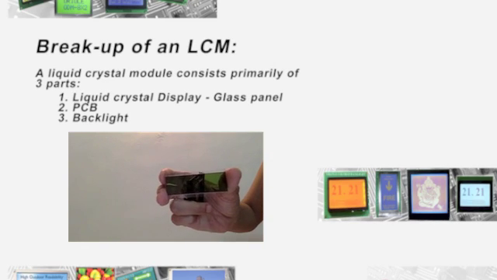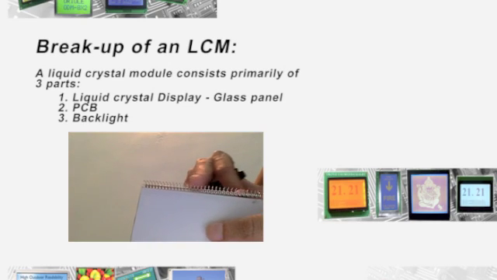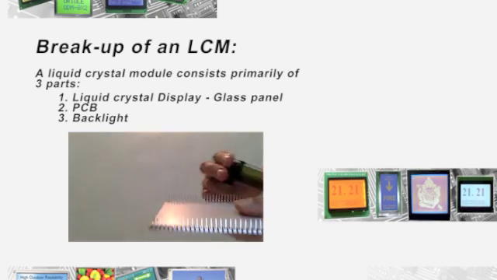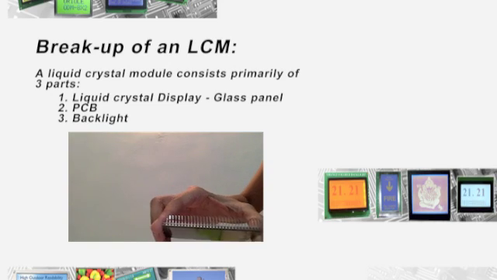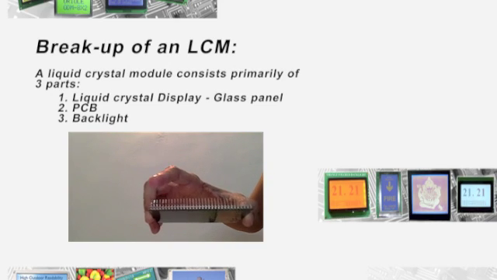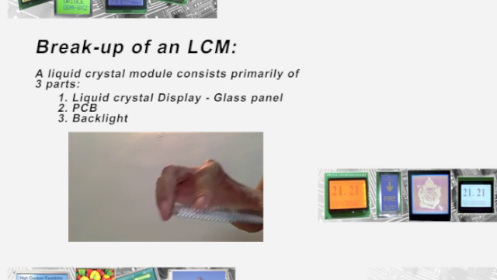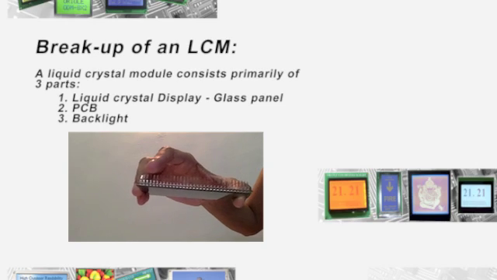The other type of glass panel is where you have pins. This is a pin type glass panel, and these pins can be soldered directly onto the PCB. This pin type is typically used for customized displays where we are not supplying the client with the PCB, and typically there is no backlight.